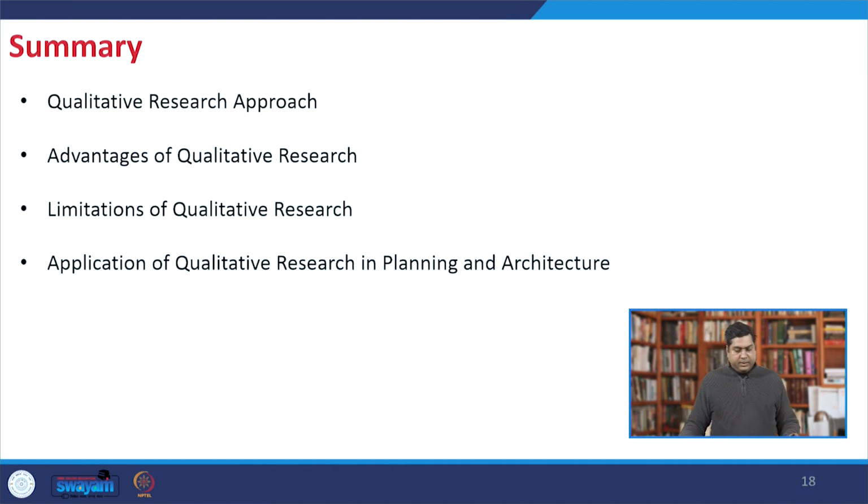So, with that I summarize this particular lecture, in which we discussed the qualitative research approach and its different characteristics. We discussed in detail different stages and available approaches like ethnography, phenomenography, and grounded theory, etc. We discussed the advantages and limitations of qualitative research, where subjectivity is much more in highlight than objectivity, and there are chances of biases, but that can be reduced by successful application or implementation of the methods by the researcher.